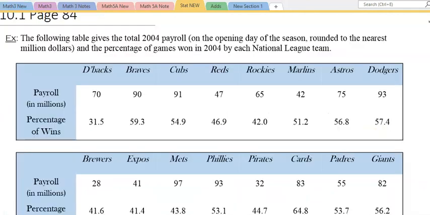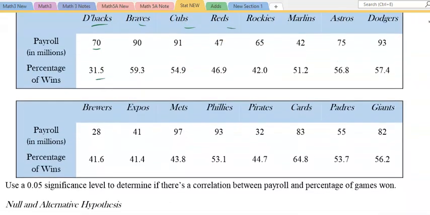Okay, the last example we have. The following table gives the total 2004 payroll on the opening day of the season, rounded to the nearest millions in dollars, and the percent of games won in 2004 by the National League team. These are the teams, payroll in millions and the wins, and there are 16 of them.